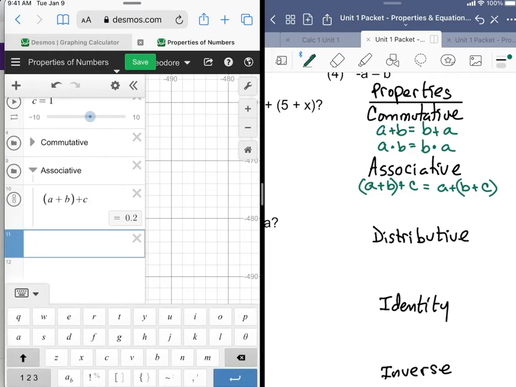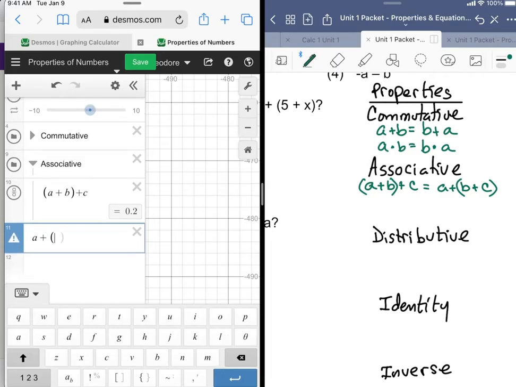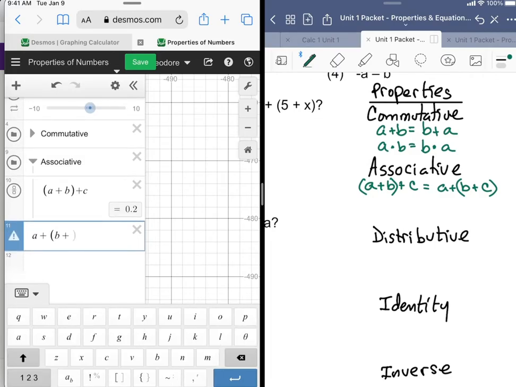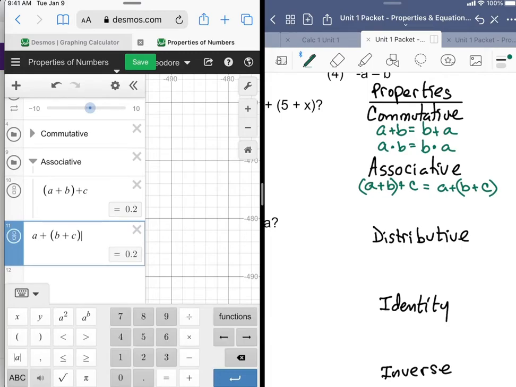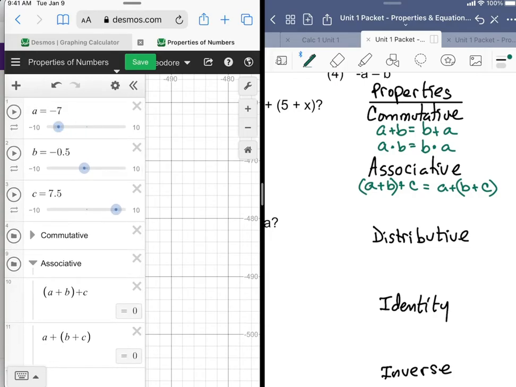So A plus parentheses B plus C. And you see, no pun intended, that regardless of where I put the sliders, whether it's for A, B, or C, the result is always going to be the same for both of those computations. All right. So that's something that you're familiar with. It's the Desmos part of this that you're probably not as familiar with.